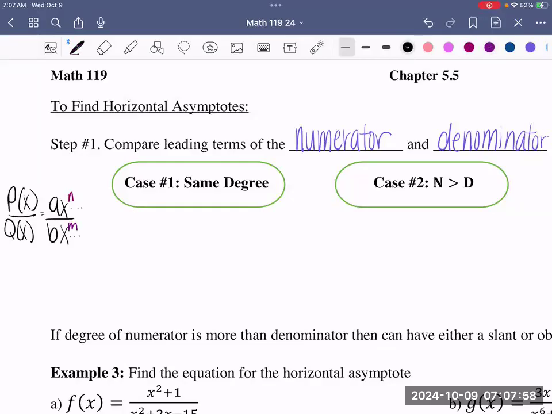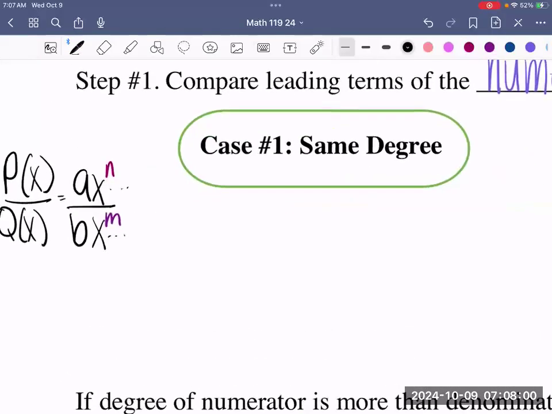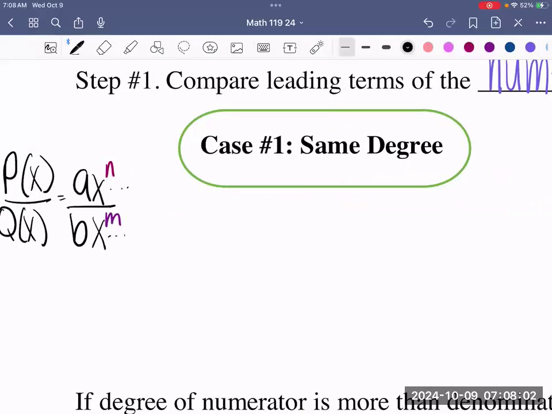I'm not going to write all of your terms, but if your degrees, and by degrees I mean n and m, are the exact same, then you have a horizontal asymptote at your leading coefficients, a over b.